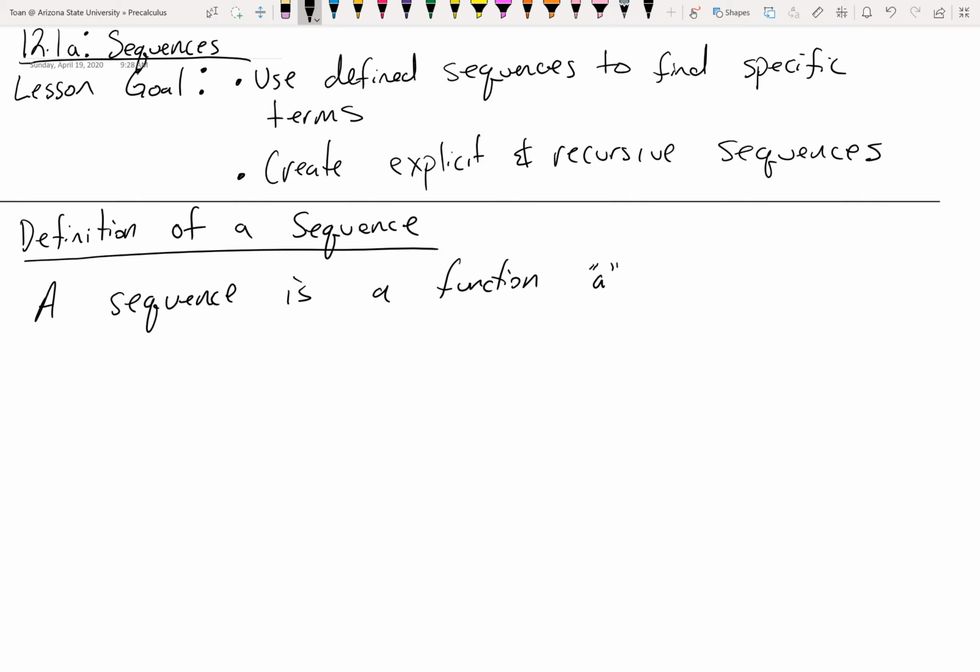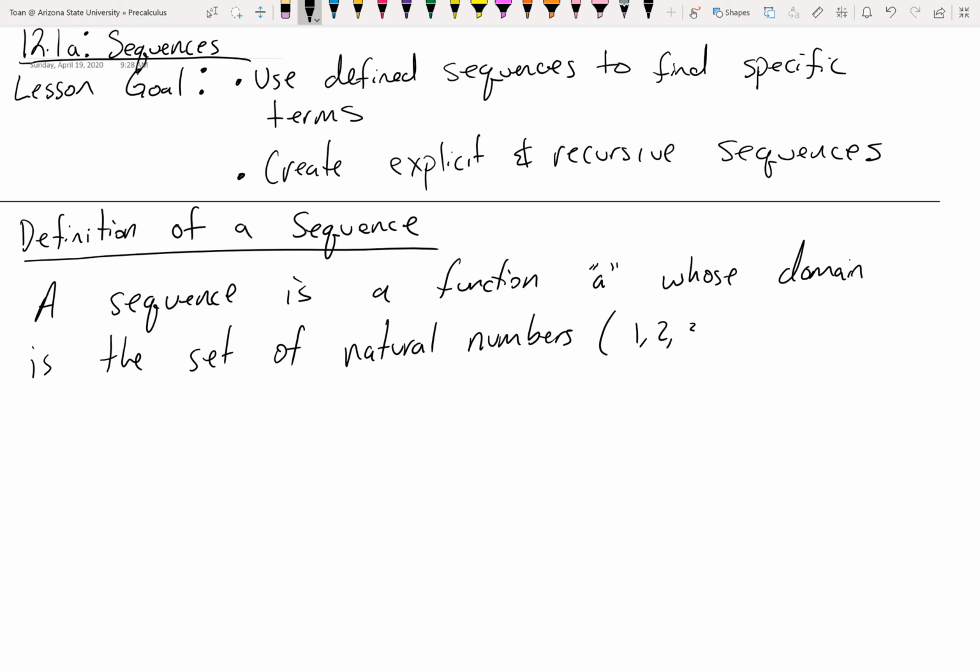A sequence is a function a whose domain is the set of natural numbers. And if we forgot the definition of the natural numbers, they're basically the positive whole numbers.